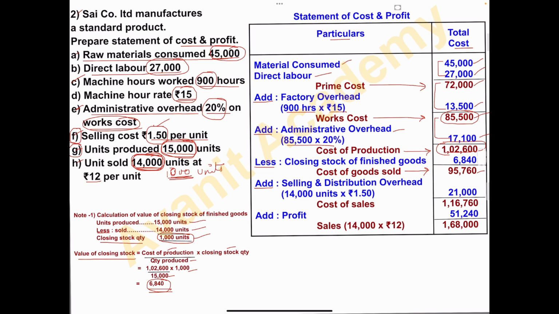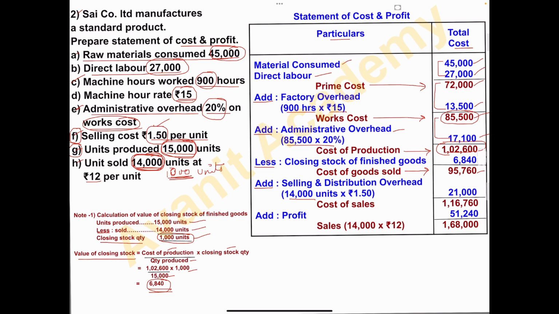So right here, add selling and distribution overhead. The number of units sold is 14,000. We have to calculate selling and distribution overhead on the number of units sold and not on the number of units produced.